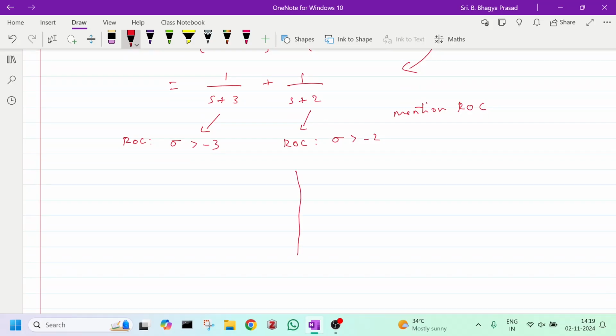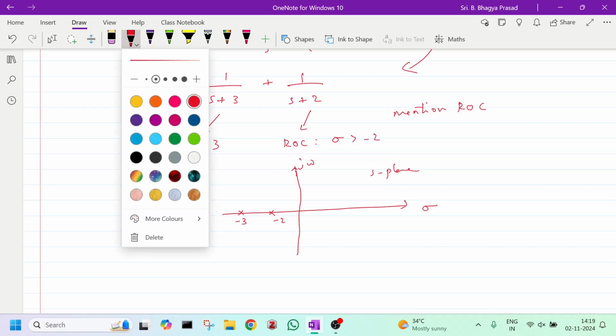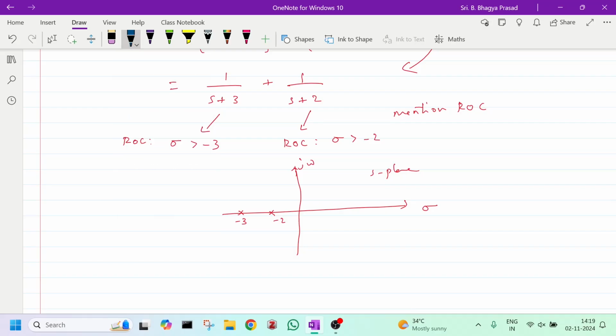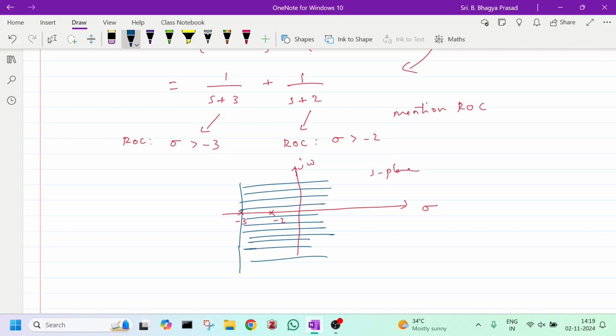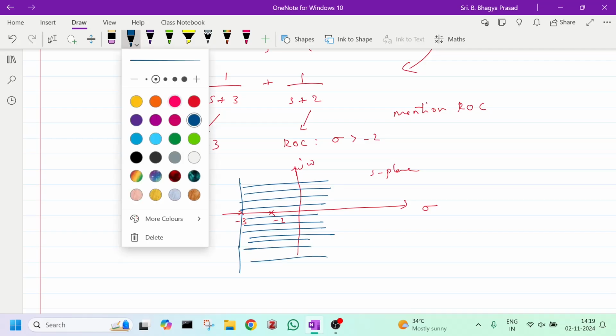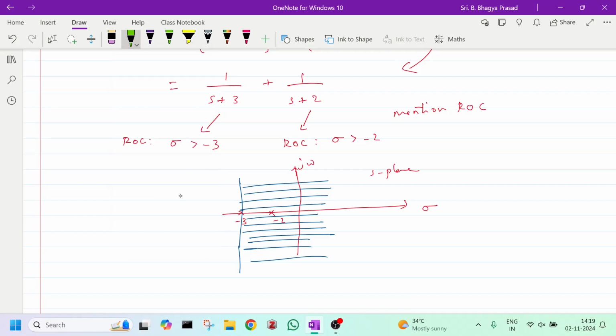So let us plot these poles on the S plane, and this is the S plane, sigma and j omega. The two poles are at minus 2 and minus 3. So one ROC is sigma greater than minus 3, like this. And another ROC is sigma greater than minus 2, that is this one.